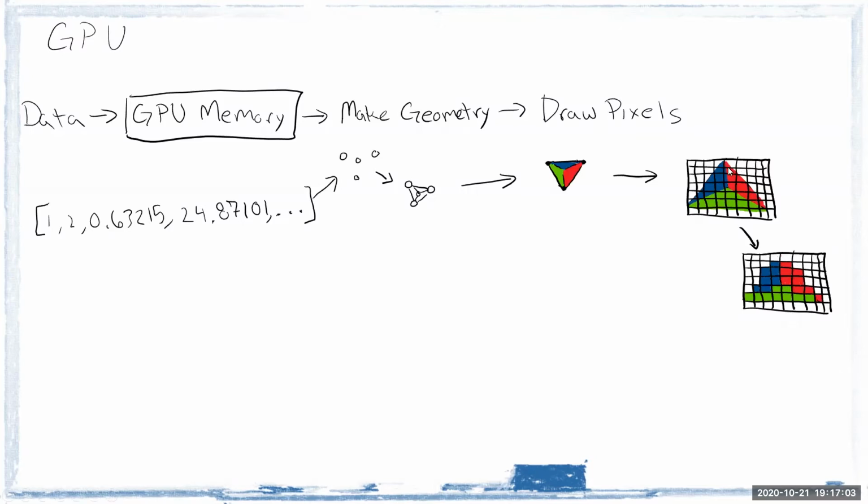So we figure out what portions of the shape this pixel makes up, and whatever is the color that takes up the most space in the pixel, that's what we color the pixel as.